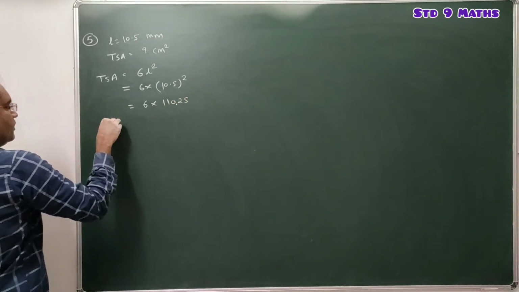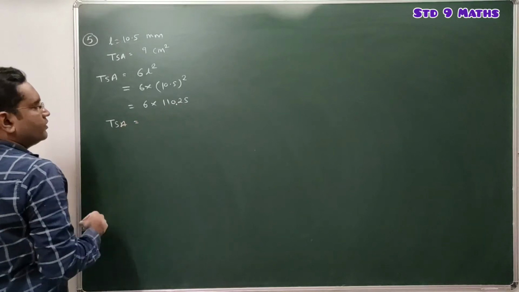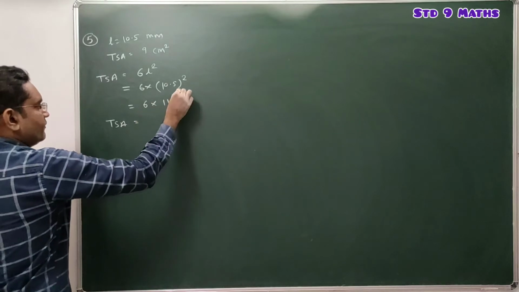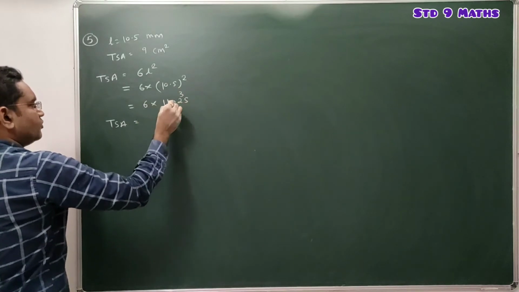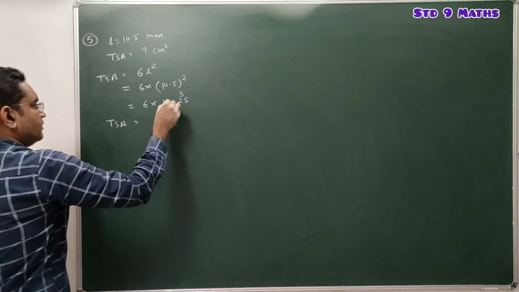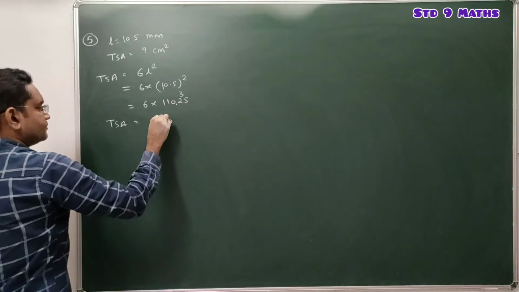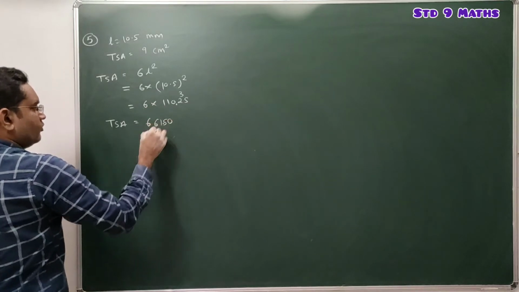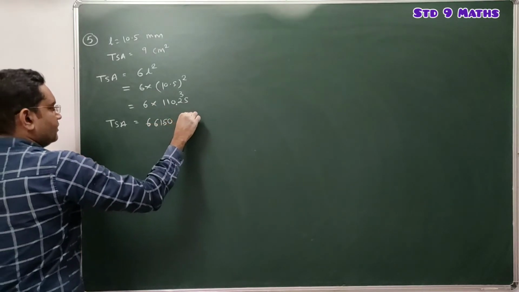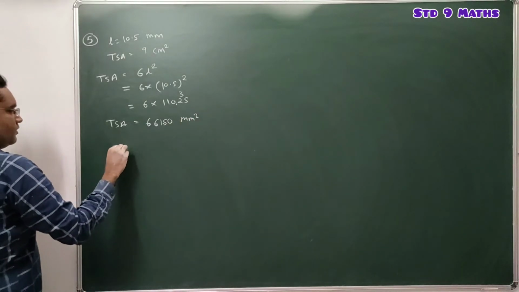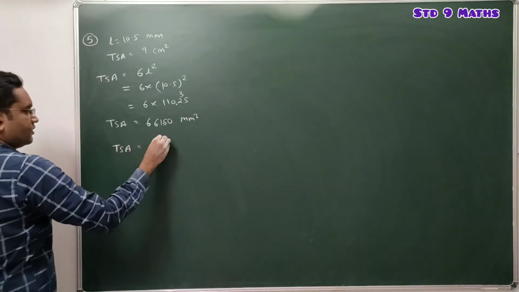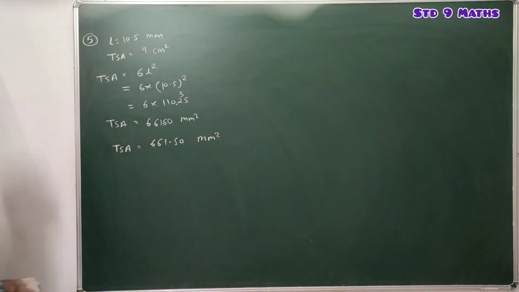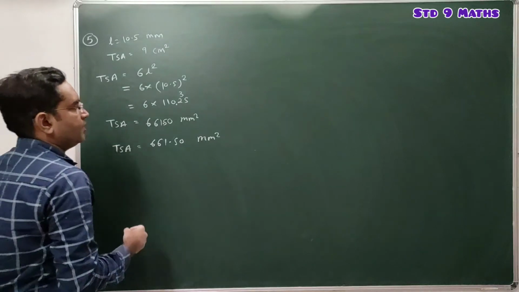Now multiplication: 6 fives are 30, 6 twos are 12, plus 3 is 15, 6 ones are 6, 6 ones are 6, and we have to put the decimal point after two places. It's millimeter square. So the total surface area is 661.50 millimeter square.